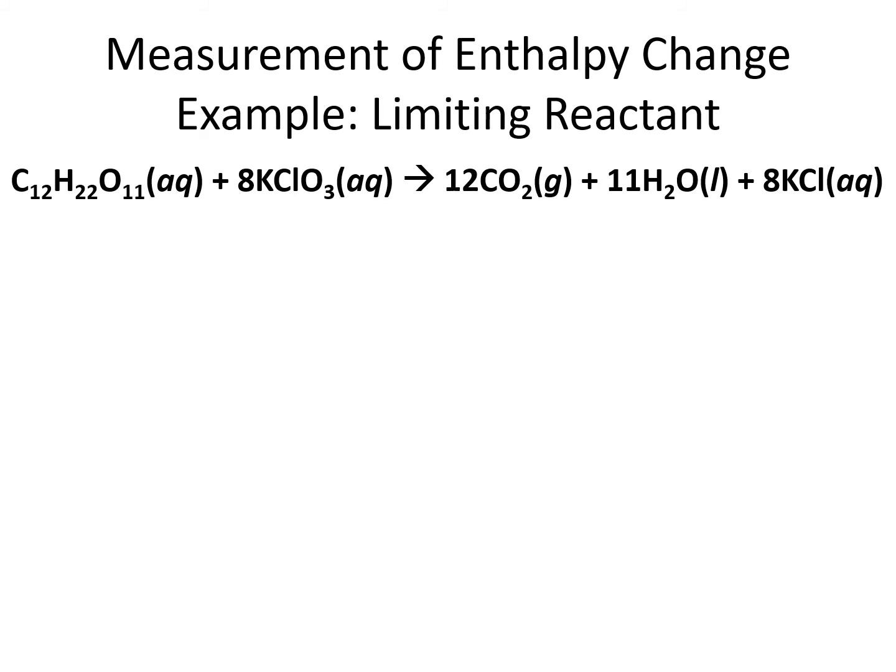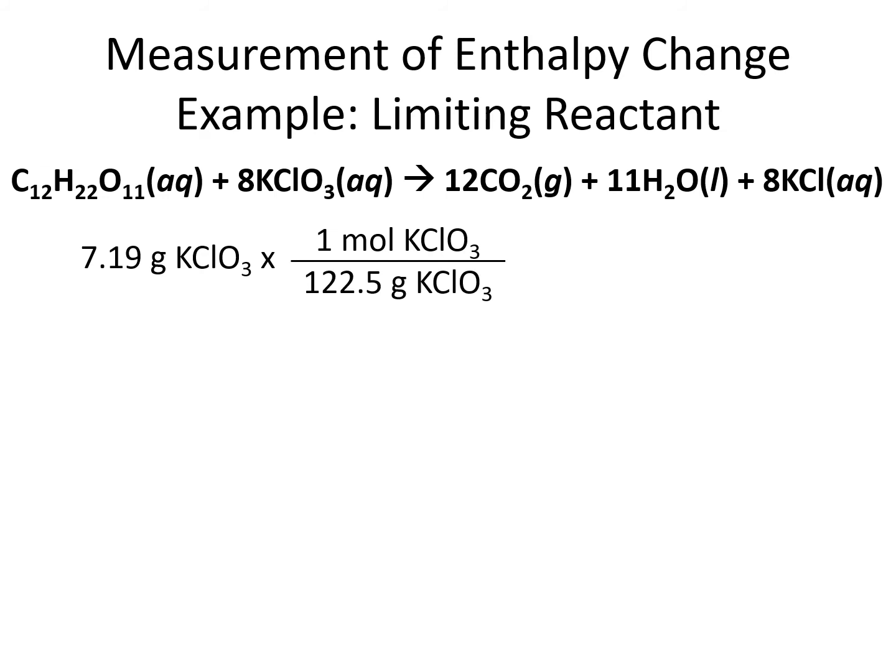We just have to choose one of our products and be consistent about it. So we take our 7.19 grams of potassium chlorate, divide by the molar mass of potassium chlorate, which is 122.5. Again, grams cancels out with grams, and that molar mass is on the bottom next to grams. So we come out with 0.05869 moles of potassium chlorate.